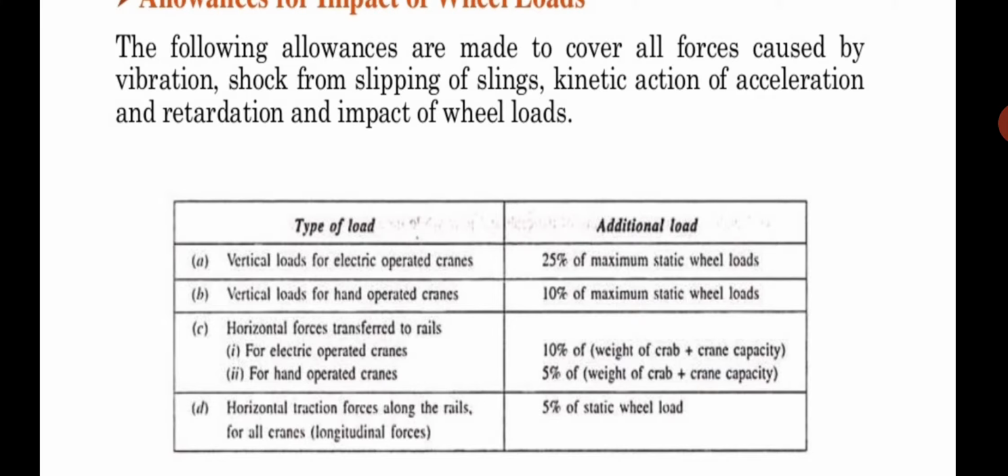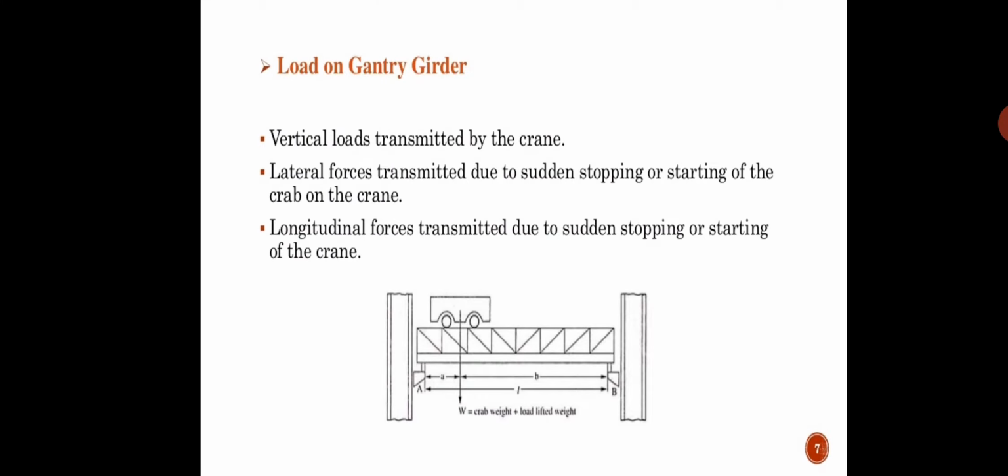Now we discuss the load on the gantry girder. There is the vertical load transmitted by the crane, the lateral force transmitted due to sudden stopping and starting of the crab, or you can say the trolley on the crane, and the longitudinal force transmitted due to sudden stopping and starting of the crane.